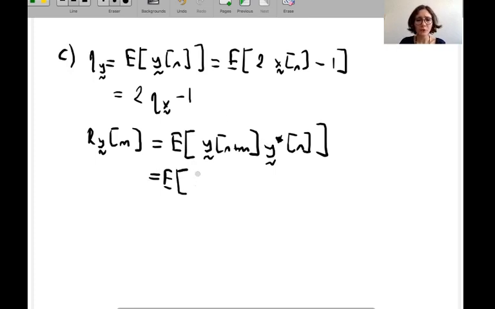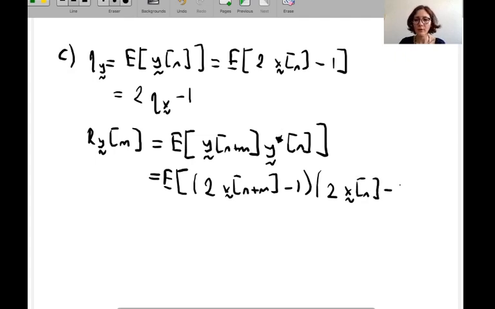So this first y of n plus m term would be 2x of n plus m minus 1, just replaced with the expression. And the second term y of n would be 2x of n minus 1, and closing the expectation. Now what we will do next is very basic arithmetic.